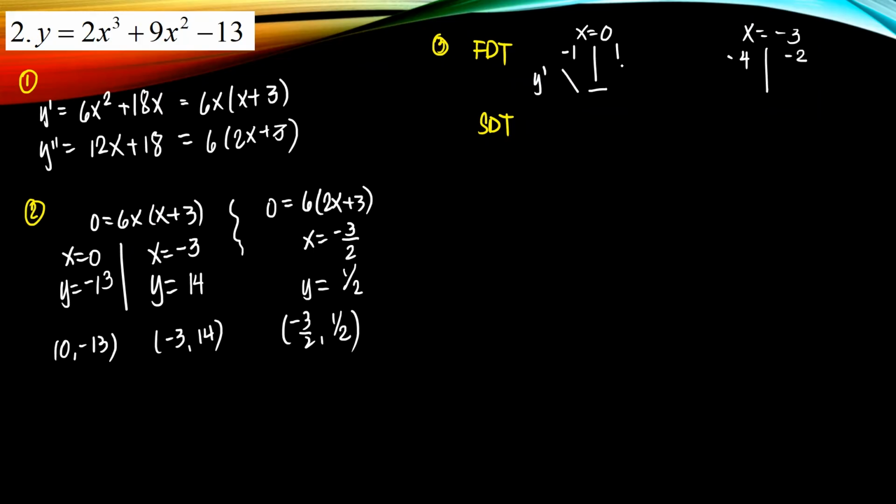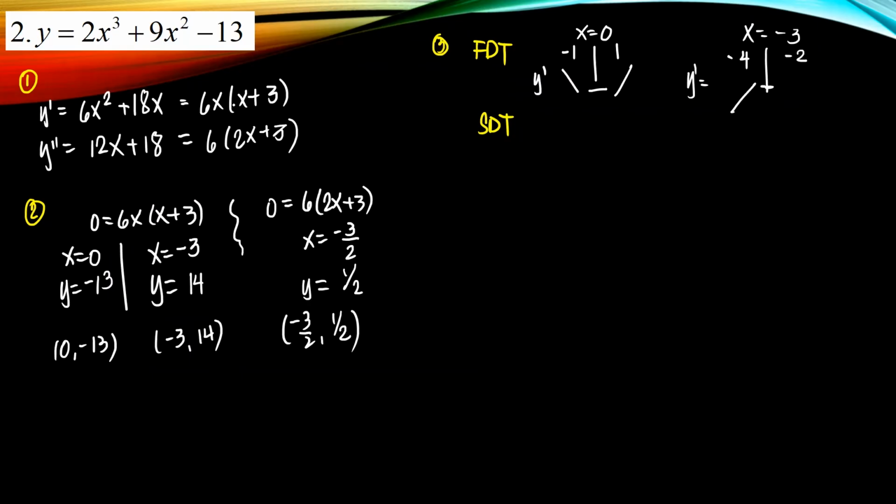So both are positive. That means it's like this. Can you follow? All right. So if it's negative 4, 6 times negative 4 is negative. Negative 4 plus 3 is still negative. Both negatives give us a positive. If it's negative 3, so that's negative. Negative 3 plus 3, it becomes 0. So it's flat.